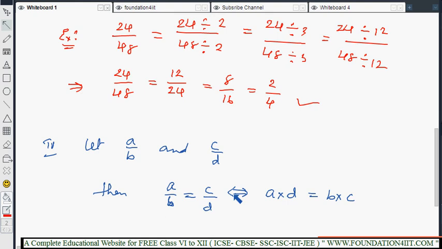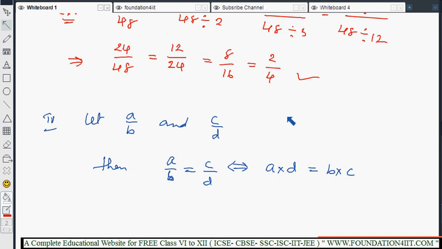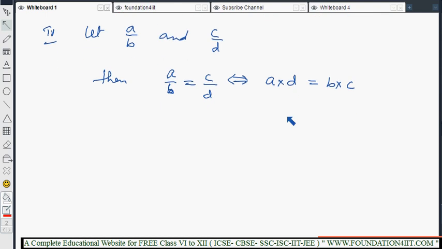So using these three properties we can write equivalent fractions. In the exercise they will give some fractions and we need to write equivalent fractions. Let us see a few examples. To write equivalent fractions, we'll use the first and second properties.